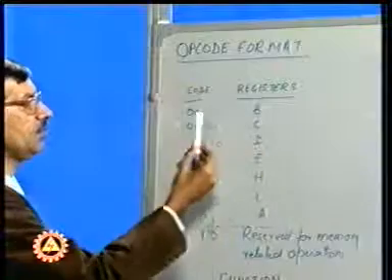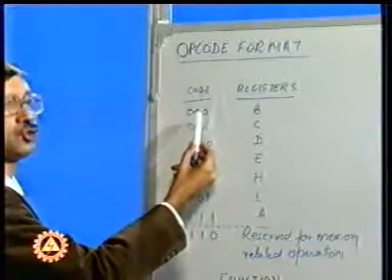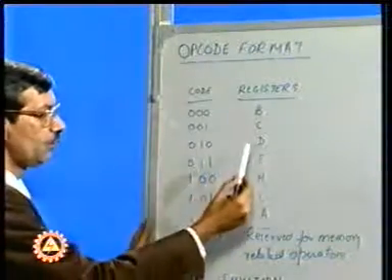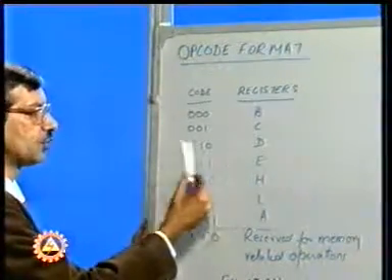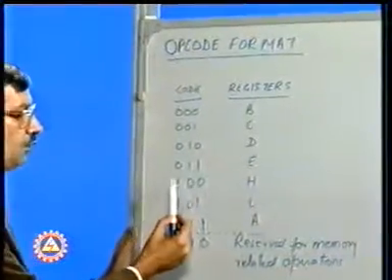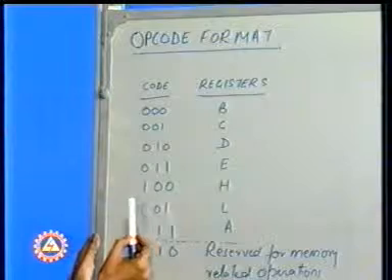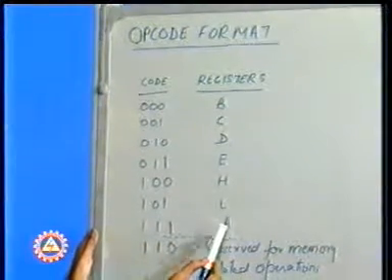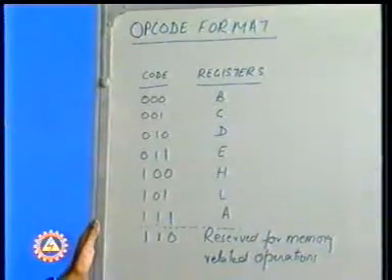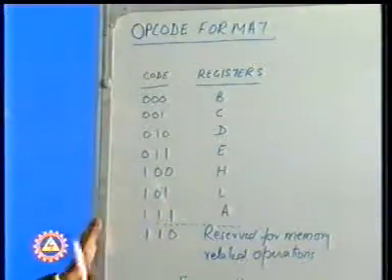For register B, we have got the code as 000. For C, we have got 001. For D, 010. For E, 011. For H, it is 100. For L, it is 101. For A, we have got 111. And for memory-related operation, we have got 110.